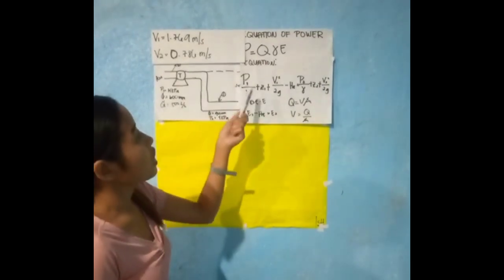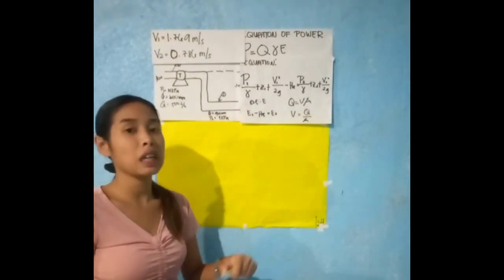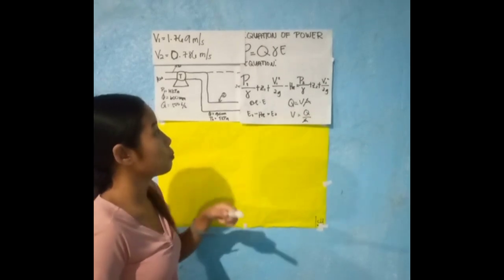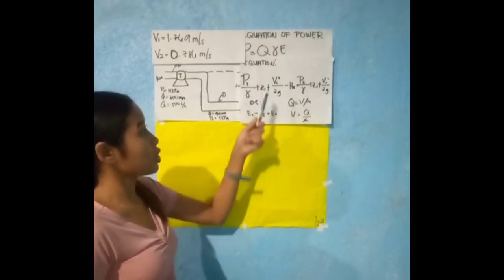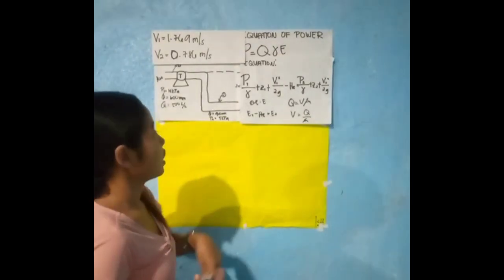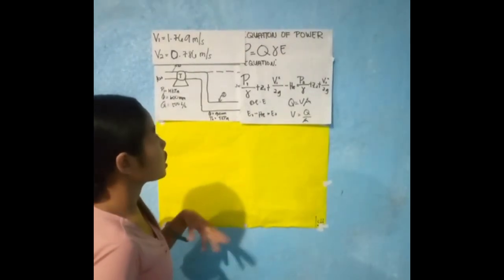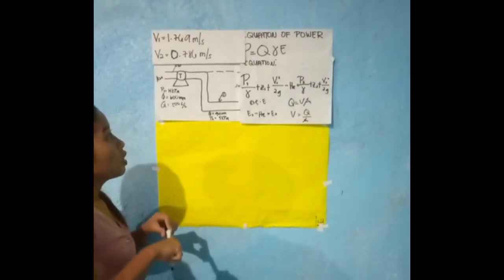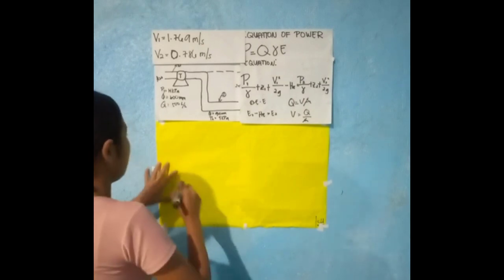And also, we have the value in pressure in point 1 and point 2, and also in our elevation, we have already that value. So now we can substitute it in our equation. So let's substitute it now.